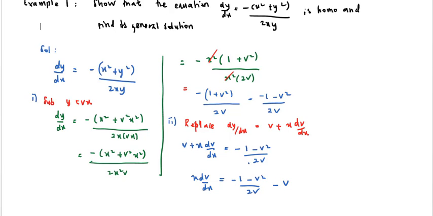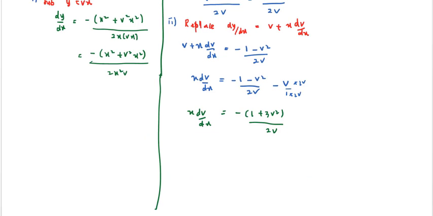So dekat sini you need to simplify, bermakna you need to samakan penyebut and simplify. So ini adalah v over 1, so kena darab dengan 2v. Okay, and then you simplify. Okay, this is your equation after you simplify. Simple right hand side.